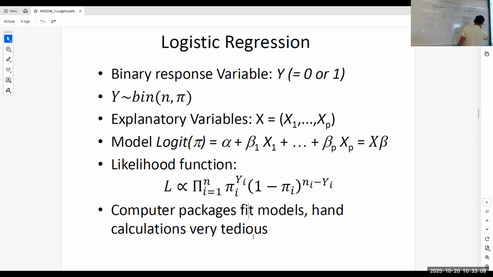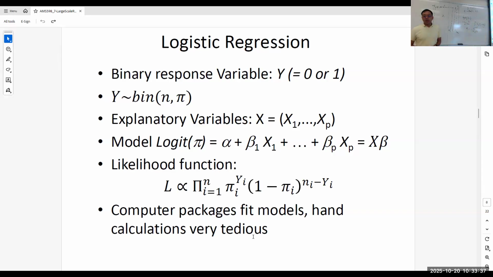I'm just writing it in vector form, xi beta, where xi is the feature vector for each subject. The pi_i then becomes the exponential of xi beta over 1 plus e to the xi beta.